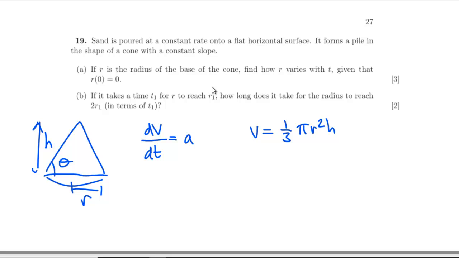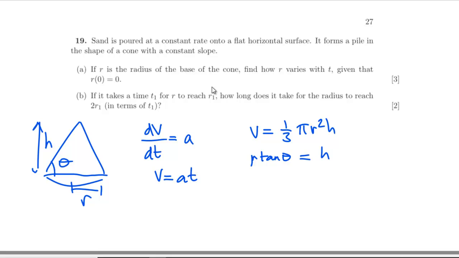h is r tan theta. So we've got all of those things. V is a times t.